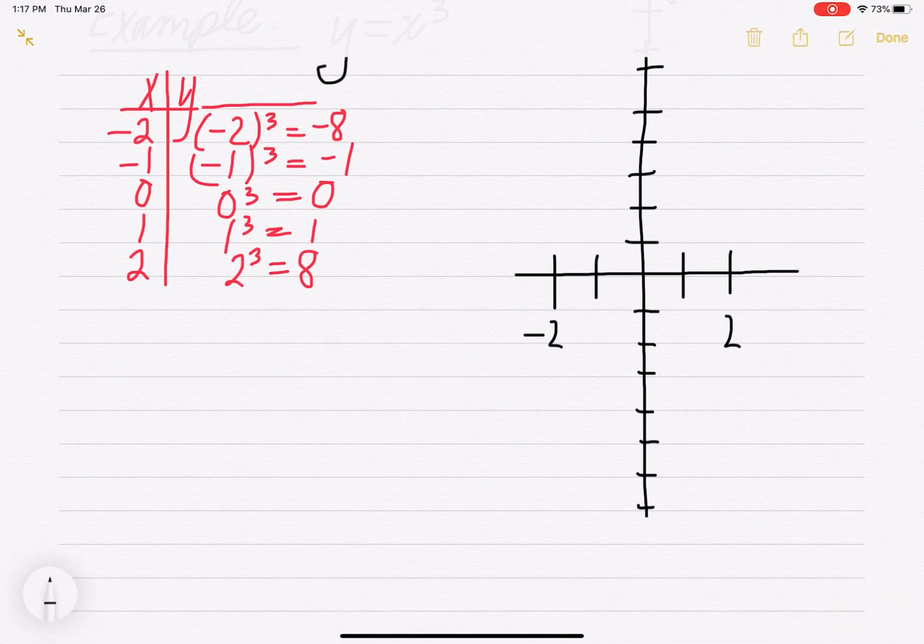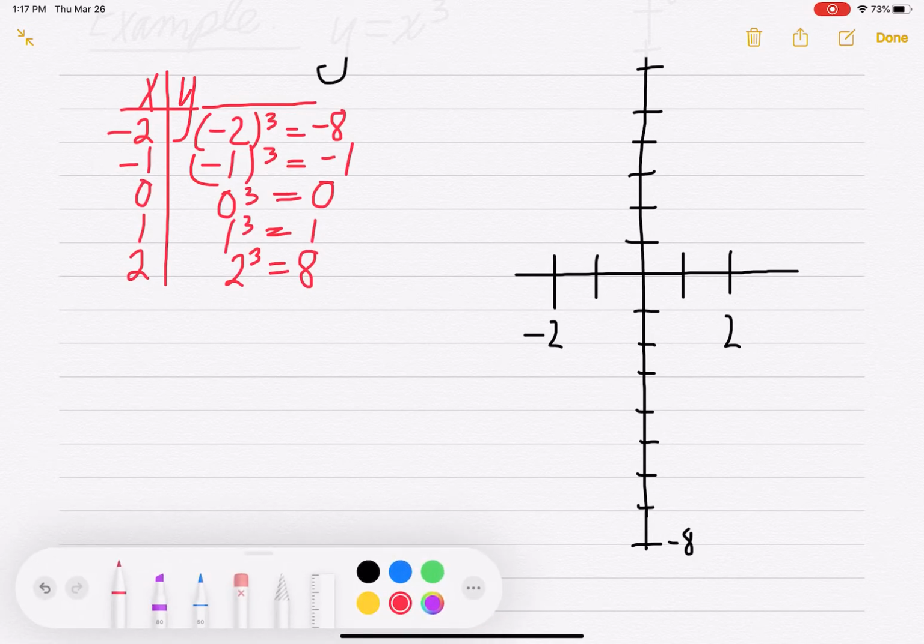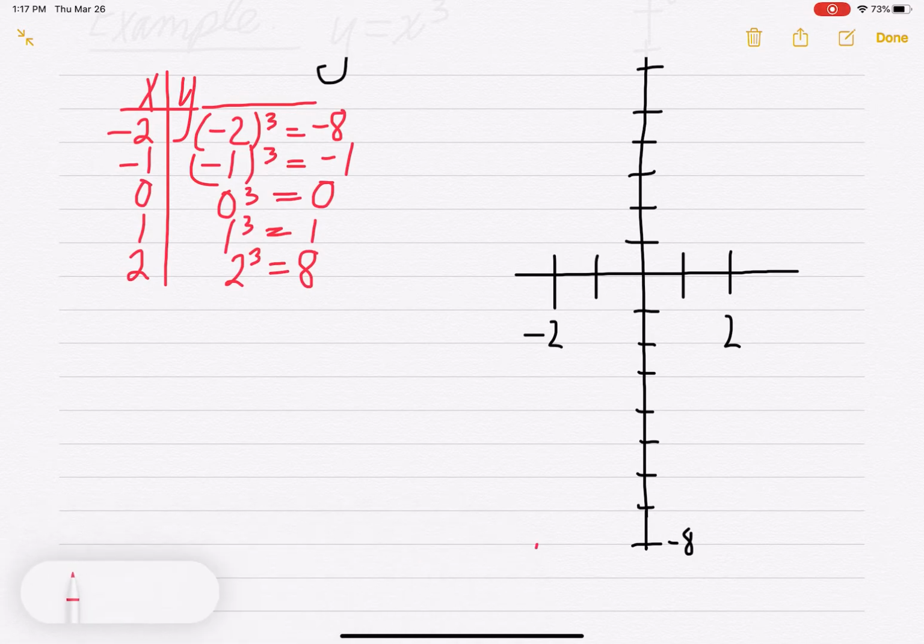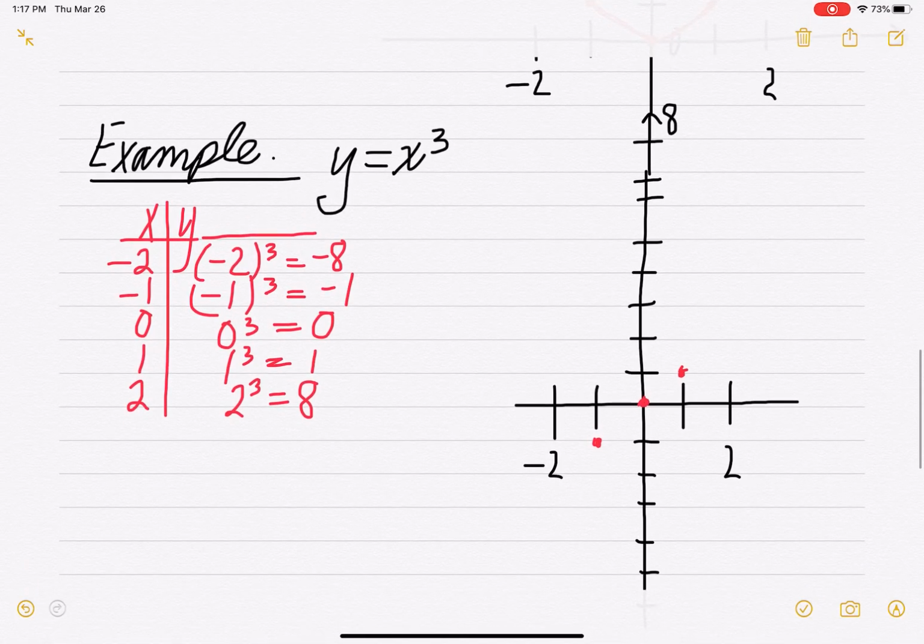It's not scrolling. There it goes. So I'm going to plot my points here. I'm going to have negative 2 on the x, negative 8 on the y, negative 1 on the x, negative 1 on the y. We're going to have 0, 0 at the bullseye. We're going to have 1, comma 1. And we're going to have 2, comma 8.